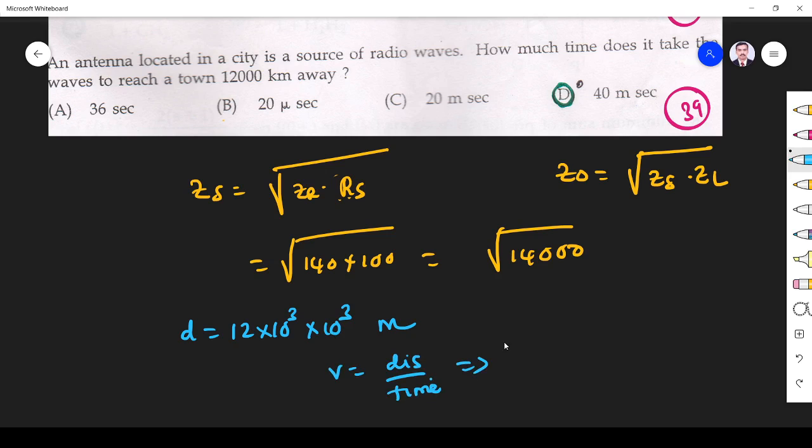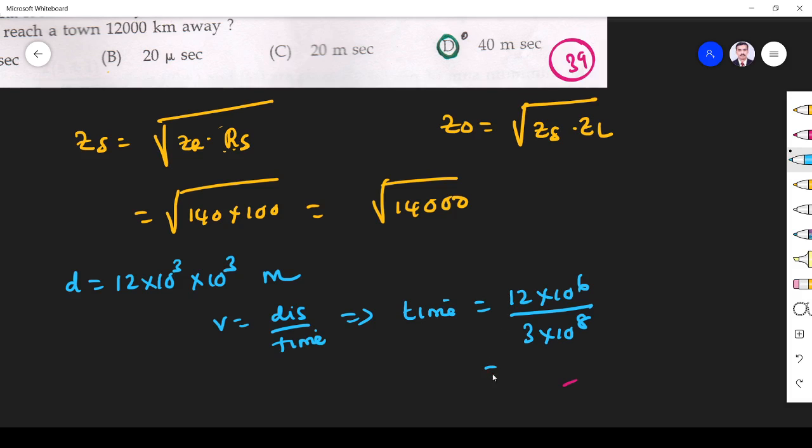Now they ask time, so time is equal to distance by velocity. Distance is 12 into 10 power 6, velocity is 3 into 10 power 8, right? So that will give 4 into 10 power minus 2, or 40 milliseconds. So option D is the right answer.